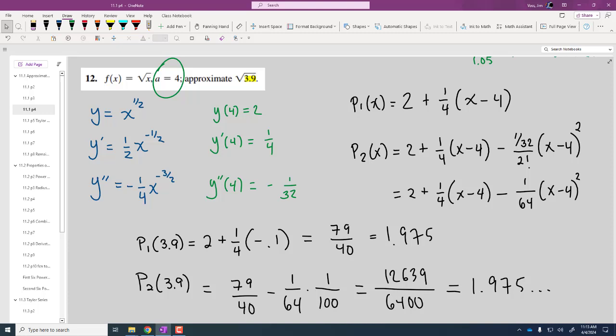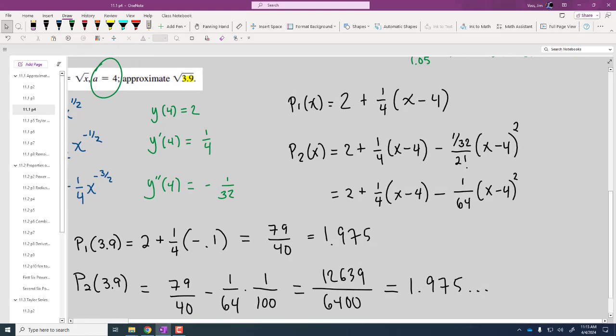But if you went plus dot dot dot, now it goes on forever, now it's a power series. So Taylor polynomials are one type of power series.